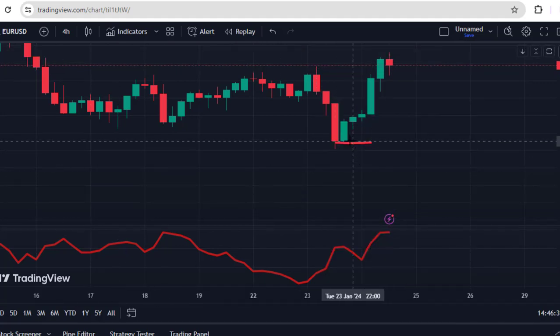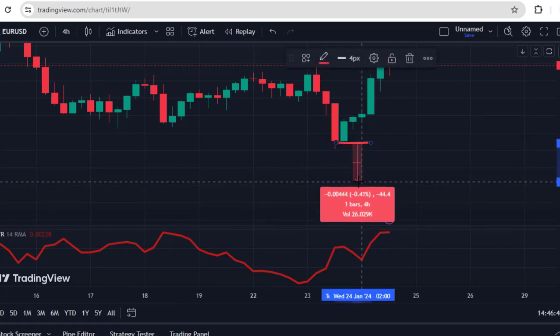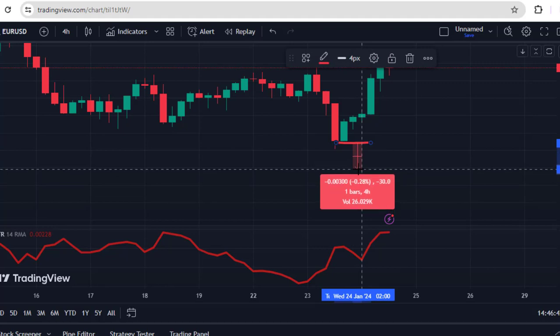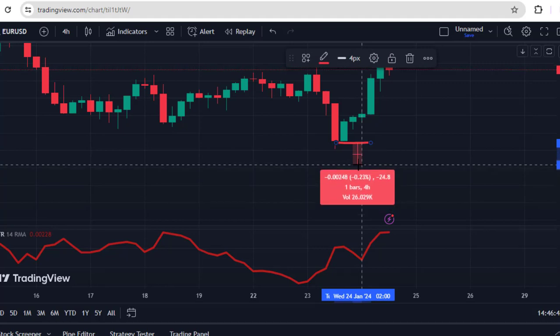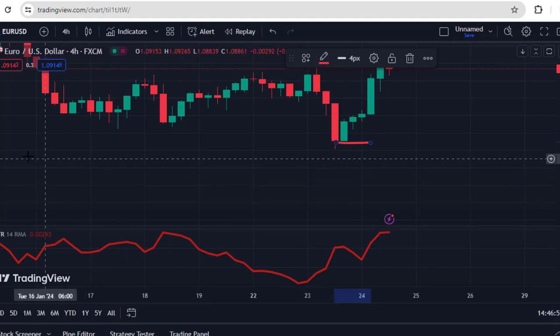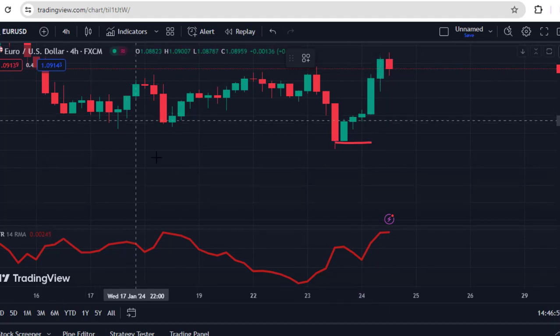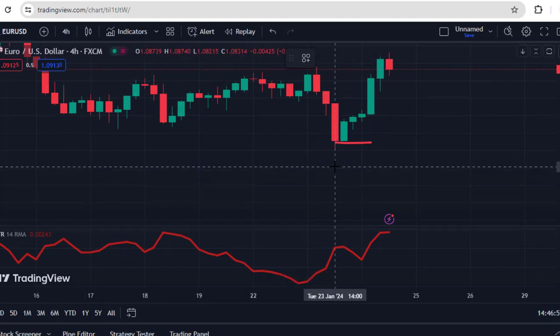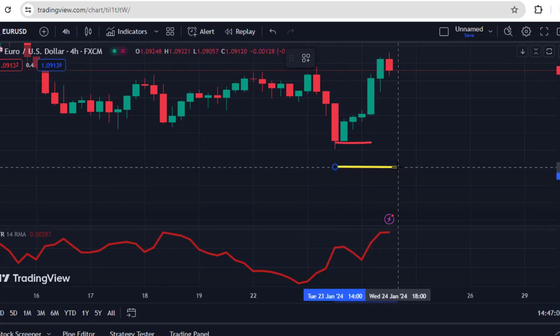So if I pick my measure tool and move from this very point right here downward to this area, 24 pips, okay, at this area is my 24 pips. So this is where my stop loss should be for this trade. The reason I place my stop loss at this point is because the ATR value has already given me a predicted move about the market volatility.